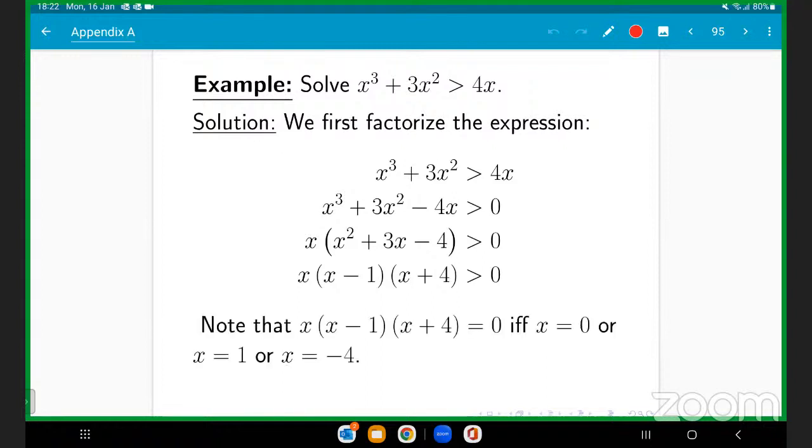We have 3 critical numbers, x equals 0, x equals 1, and x equals -4. And we want to solve this inequality when this expression is strictly positive. So these critical points, x equals 1, -4, and 0, obviously will not form part of our final answer.